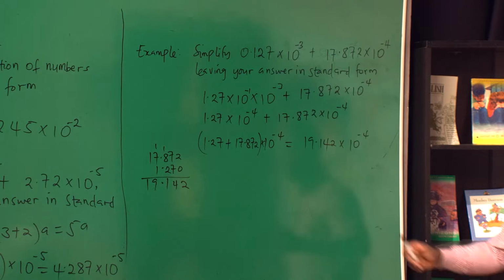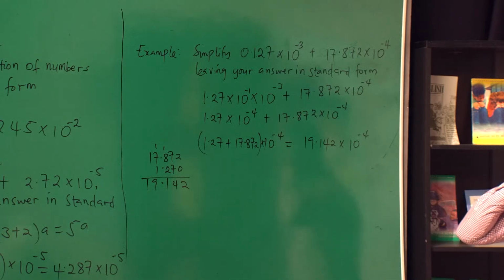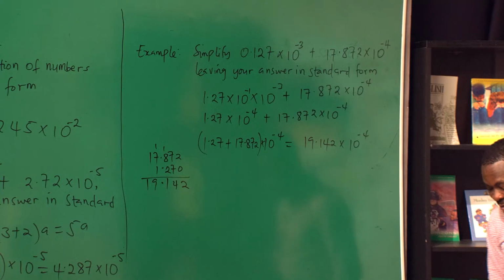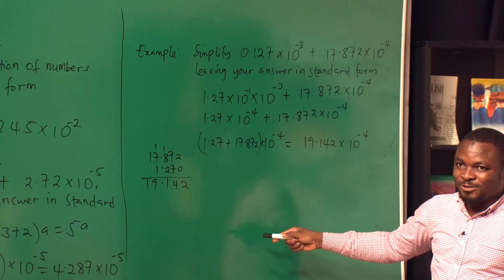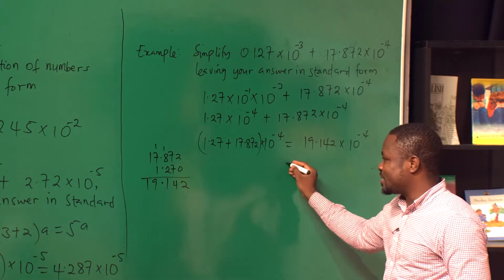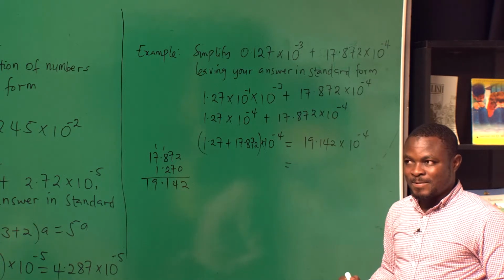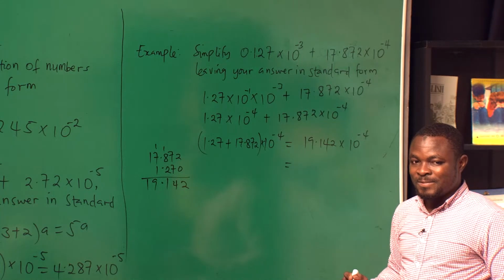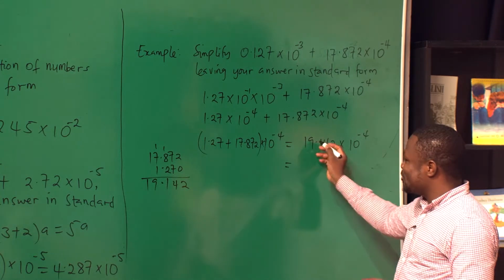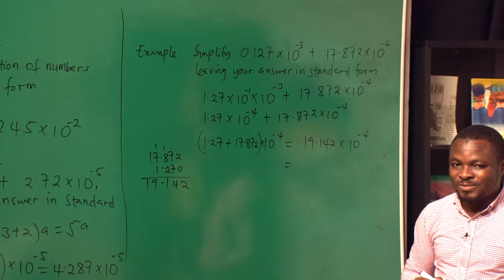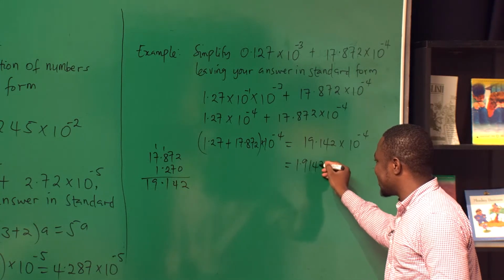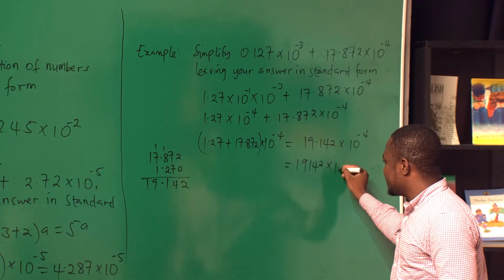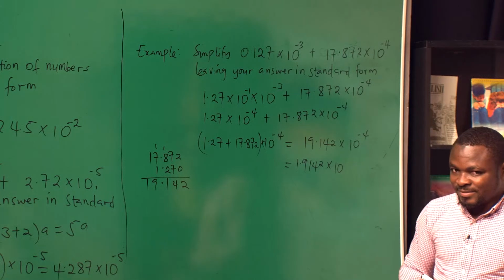So let's do that. Do we move the point to the right or to the left? We move it backward, so to the left. So you end up with what? 1.9142 times 10 exponent negative 4.